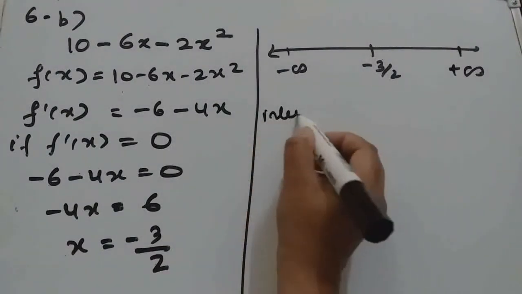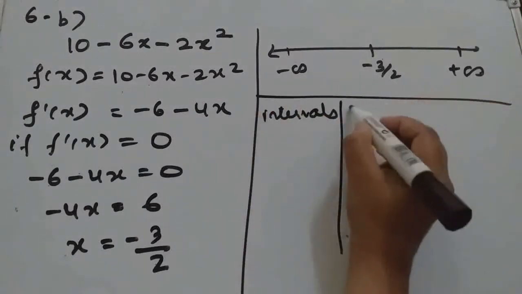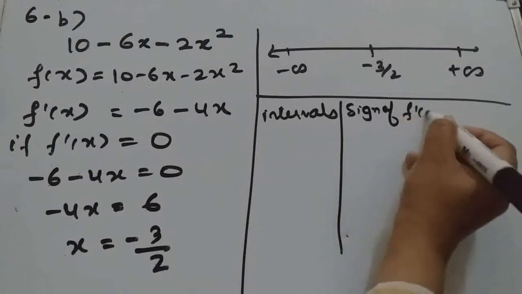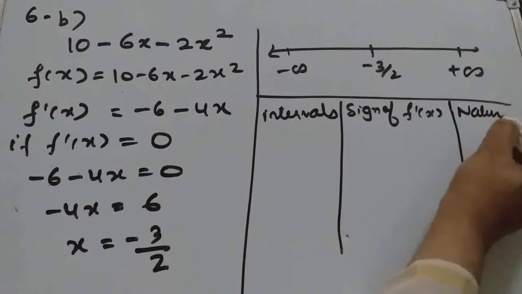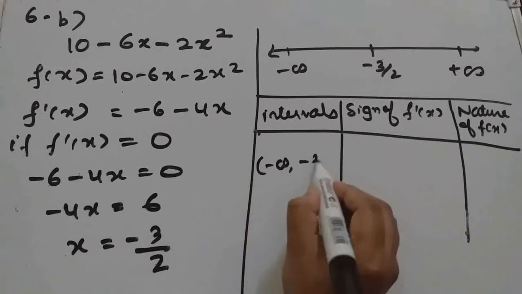So here again we will make a table: intervals, then sign of f dash of x and then nature of f of x. Okay, so two intervals we got here.